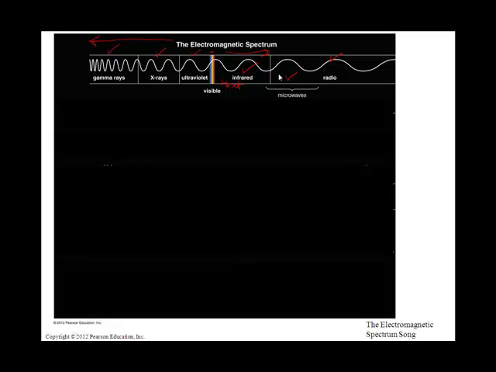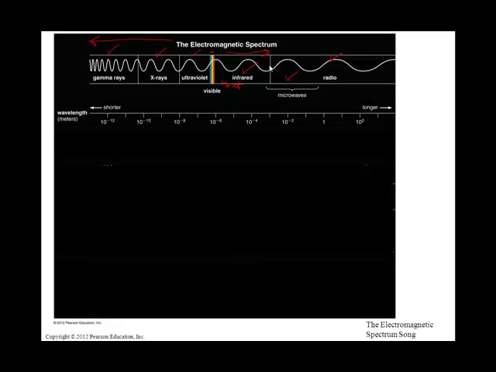You can see how that works. These are all different energies that are part of the family we call electromagnetic radiation. Together they make the spectrum called the electromagnetic spectrum. So we have the shortest wavelength over here, and the longest wavelength over here.